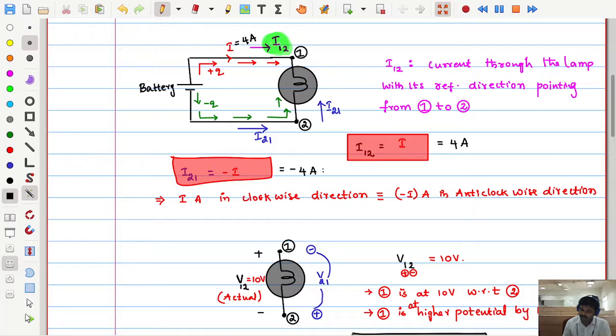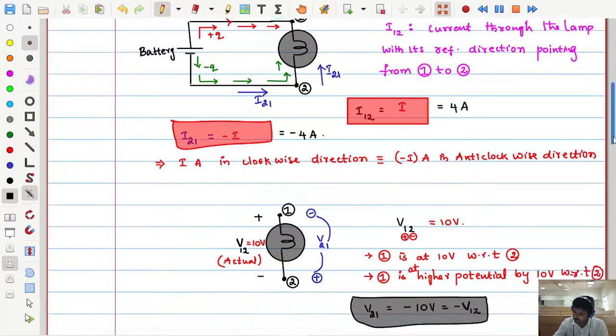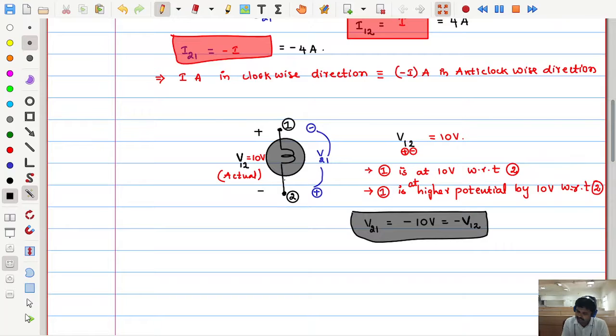Whether you assume I12 or I21, it doesn't matter. If your assumption is I12, then it is 4 amperes. If your assumption is I21, it is minus 4 amperes. Both are correct. Similarly, if the actual voltage across this lamp is 10, you can say V12 is equal to 10 or V21 is equal to minus 10. Clear?